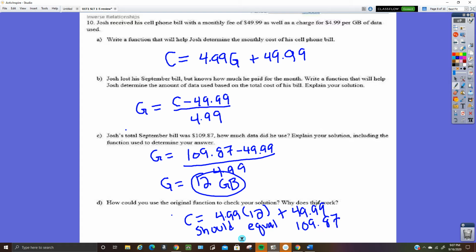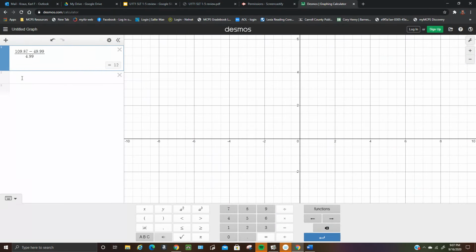Let's see if that checks. So back on the graphing calculator, 4.99 times 12 plus 49.99, I get what I started with, 109.87 right here.